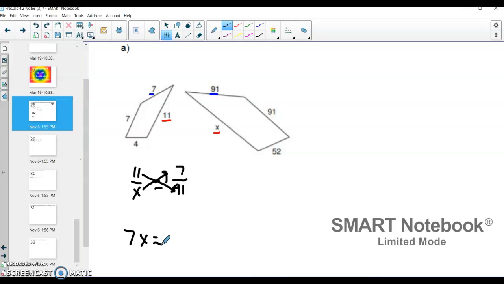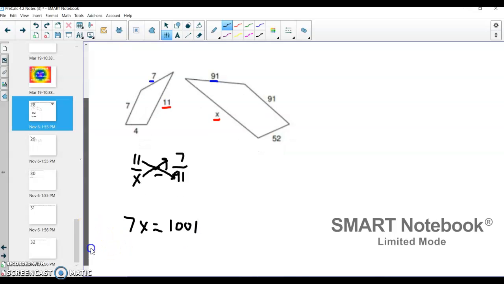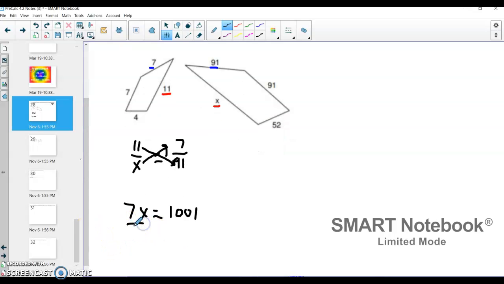And so 11 times 91, I got 1001. From here, I just need to divide both sides by 7. And if I do that, I got that x equals 143.